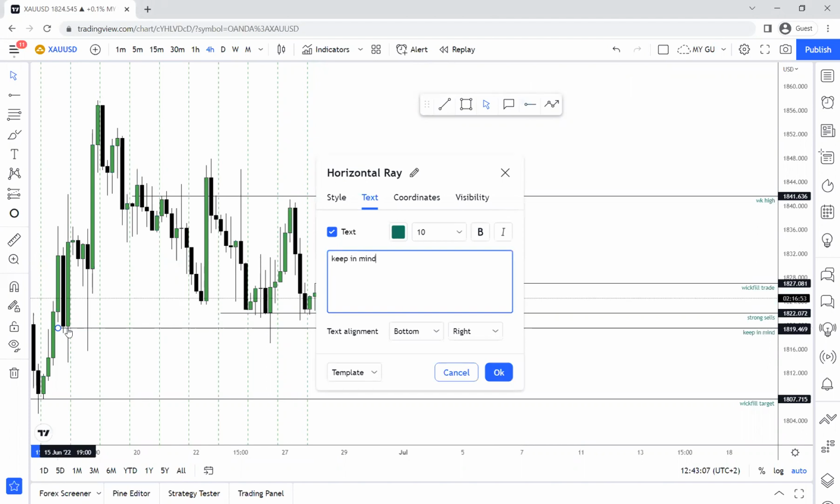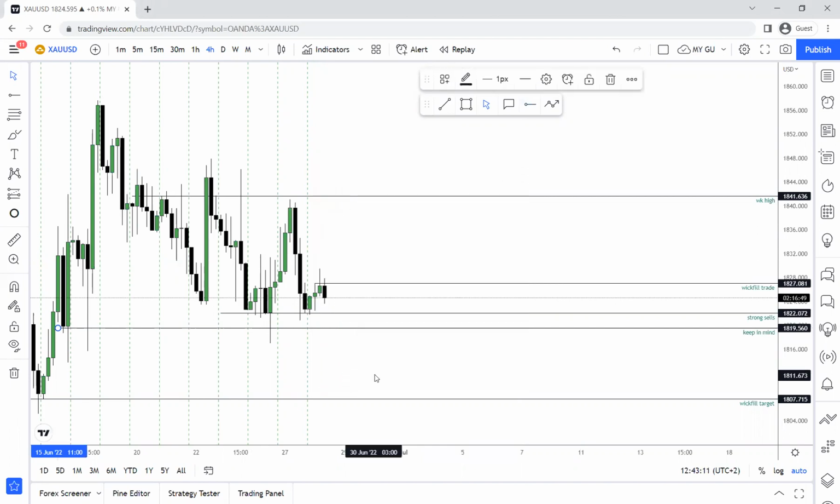You can easily forget about them and then they can hurt you later. Price went back to that area and rejected, went to that area and still rejected, so we definitely need to keep that area in mind.